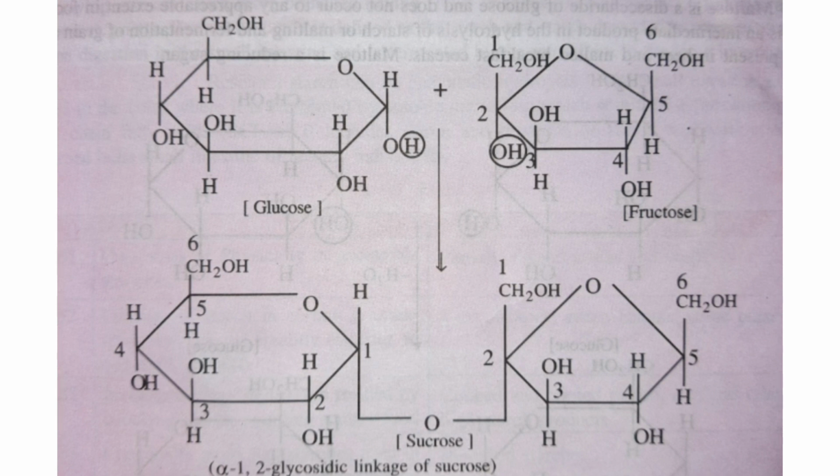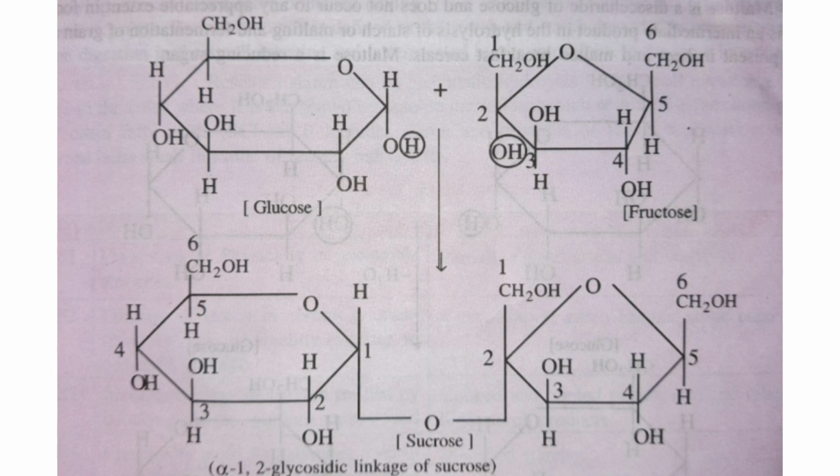So this is the first structure of the disaccharide, and it is the structure of sucrose. Sucrose is the most common type of disaccharide, known as cane sugar, the normal table sugar that we are eating.